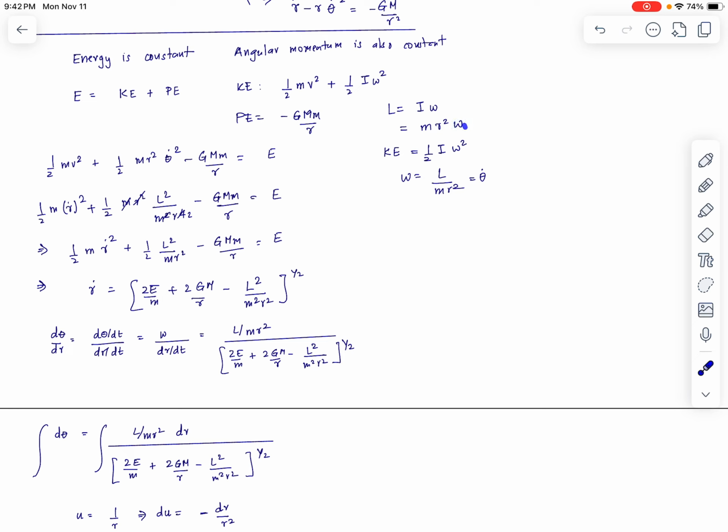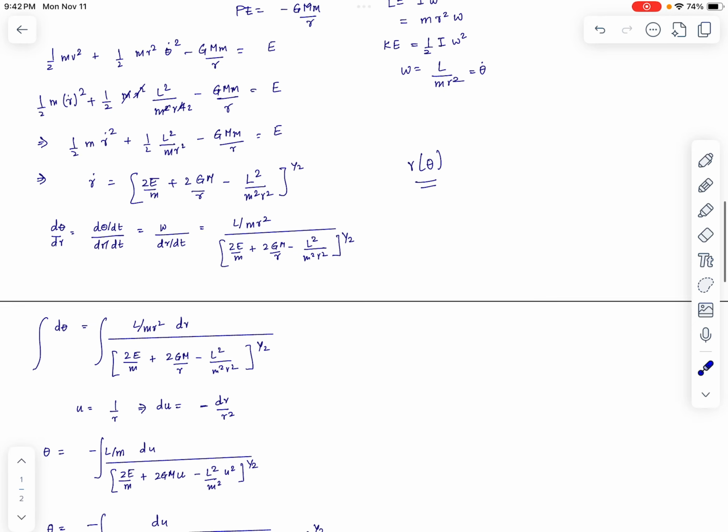So we plug that value of omega in here to get this expression. We get this simplified expression, and we rewrite it in terms of the rate of change of the radius, right? But that's not it. So what we want to find is r as a function of theta. That's the whole idea.